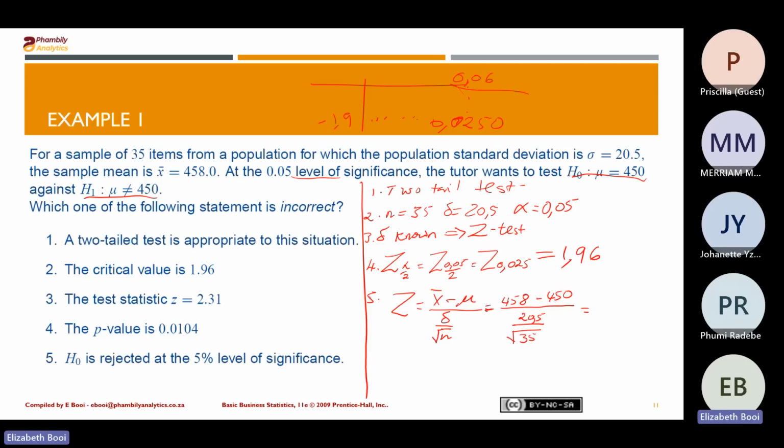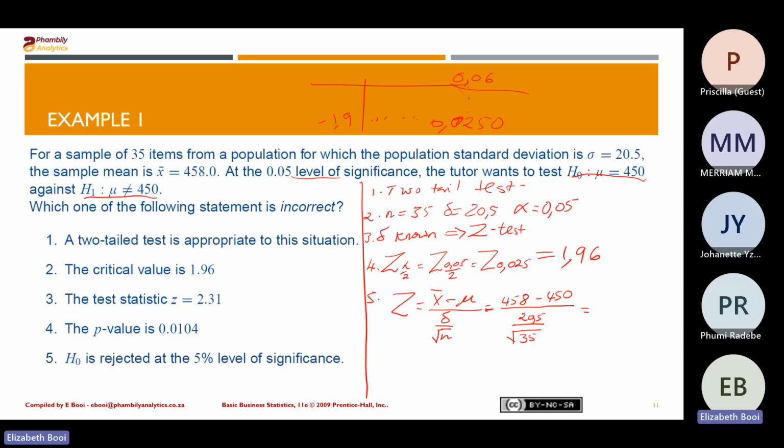And I'm going to use my Casio because I want to save time. Let me just go to my calculator and do the calculation. So I'm going to use the fraction calculations. So it's 458 minus 450, down arrow, again another fraction, 20.5, down arrow, square root of 35, and out, out, and answer.